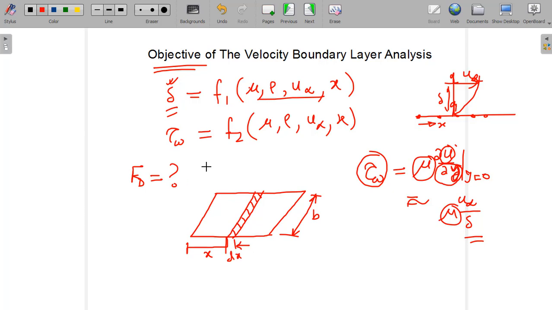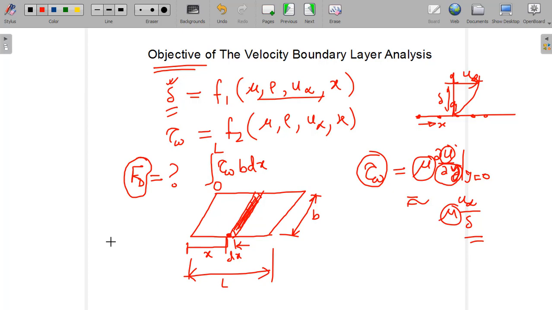Then the drag force F_D is the integration of the wall shear stress at a distance x, that is tau wall into b dx. Assume that within that small region tau wall is the same, and if you integrate over the whole length, from 0 to L, where L is the total length of the plate, that will give you the drag force.